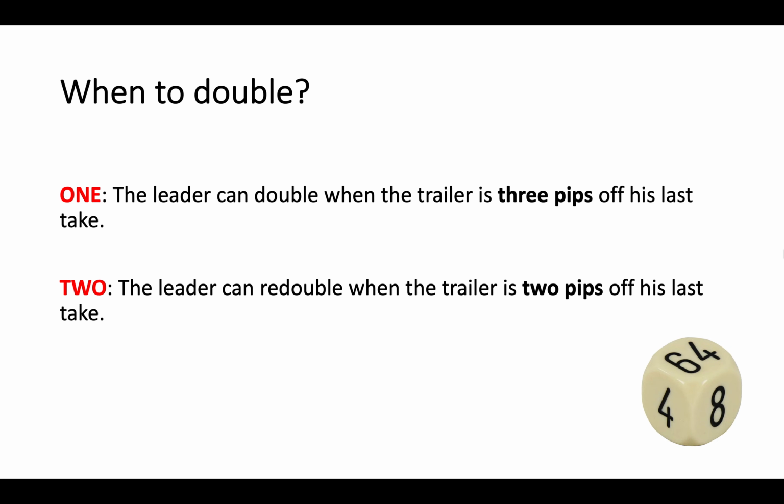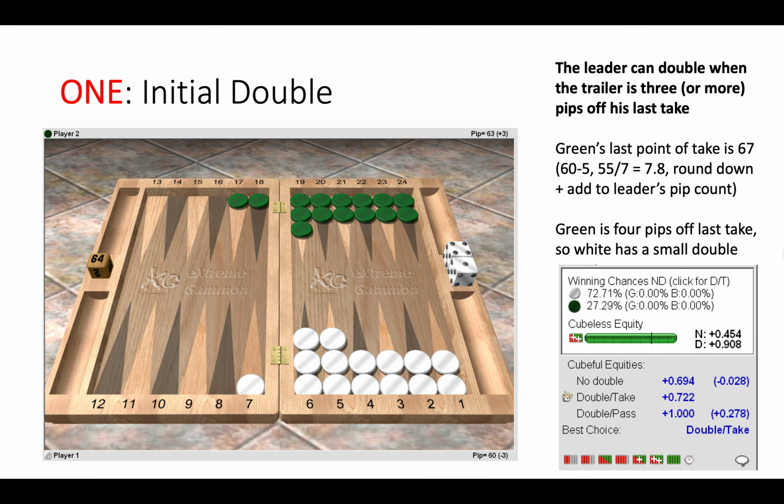Now let's look at a couple of positions to show this. Here we have an initial double. Remember, the leader can double when the trailer is 3 or more pips off his last take. So here green's last point of take is 67, and we can do the calculation 60 minus 5, 55 divided by 7, rounding down and adding to work out green's last point of take.